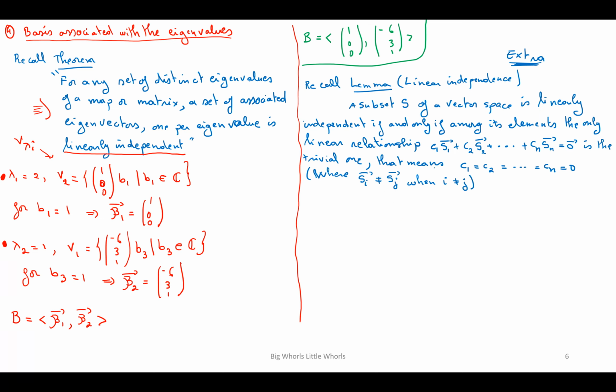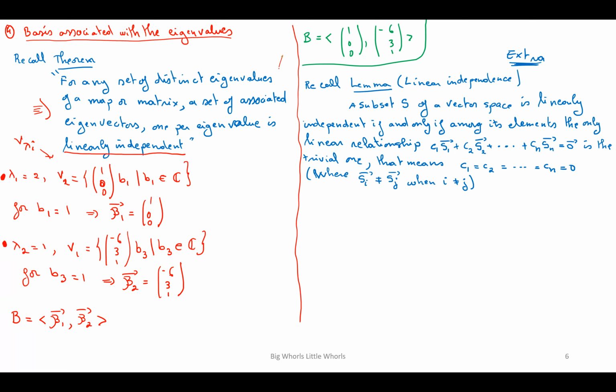So basically what we do is take the linear combination of the vectors, set it equal to 0, and see if the only time the relationship holds is when the scalars c1, c2, cn are 0.